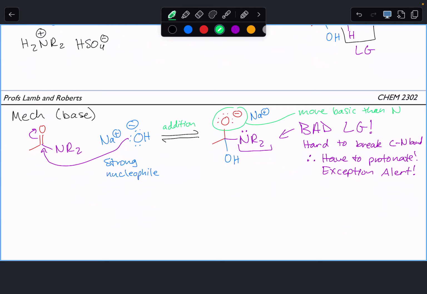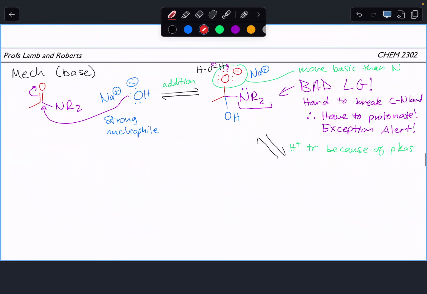The first one is of this negatively charged oxygen just because of pKa's. So if we have water around, this is going to grab one of those. Okay, so this is a proton transfer because of pKa's. There's no reason other than it has to be that way.